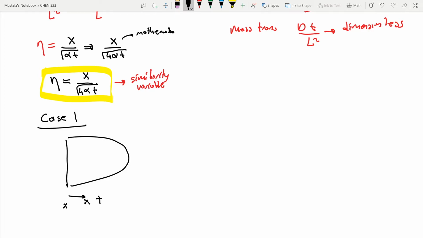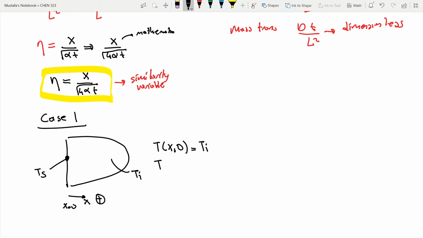Here x equals 0, and we measure the temperature at the wall, which is given to be T sub S. And this is the positive x direction. So the boundary conditions: initially, the object is at Ti everywhere. That means at all x positions, when time is equal to 0, temperature is Ti.